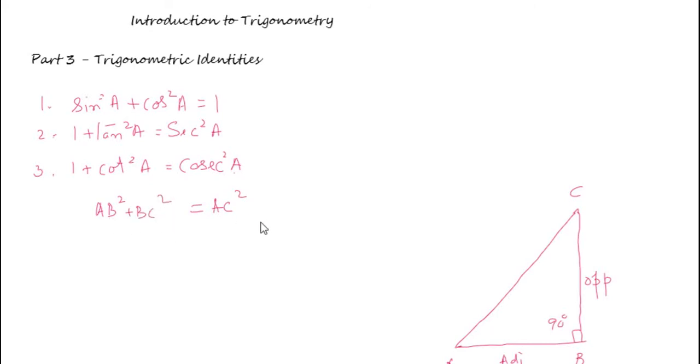Let us divide all these three terms by AC square. So what we have is AB square by AC square plus BC square by AC square and AC square by AC square.